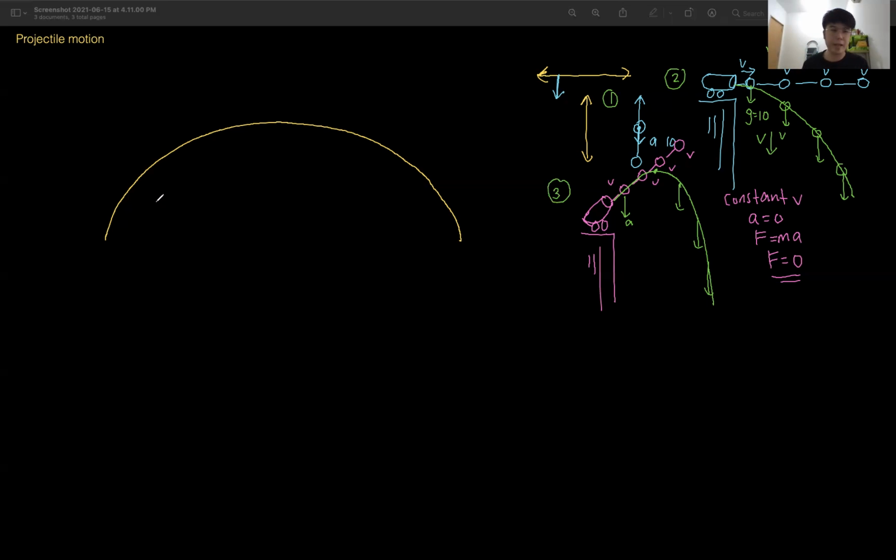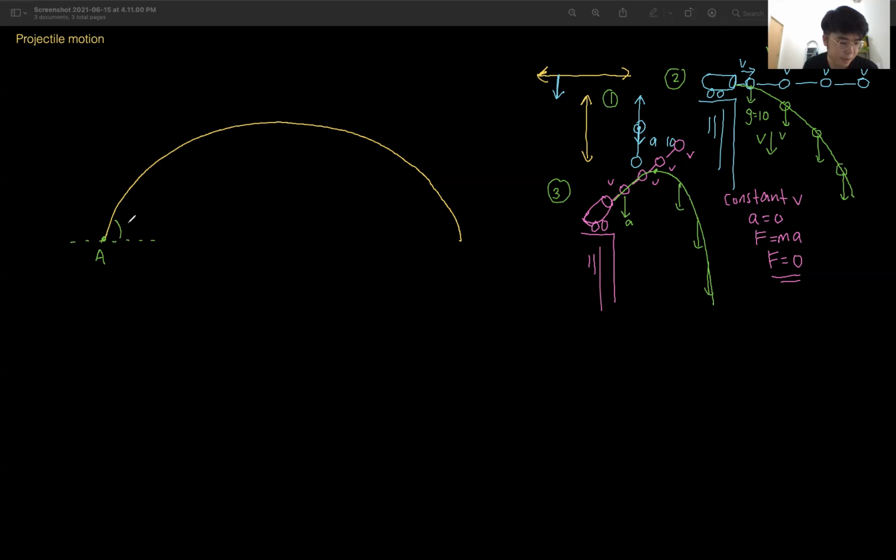Okay. Now 2 and 3. Okay, let's say here I've drawn a curve. Consider a typical projectile motion. Looks like this, and we start from point A. Okay, imagine I launch an object at an angle to the horizontal. So I would write the axis, horizontal axis, that is parallel to the ground.